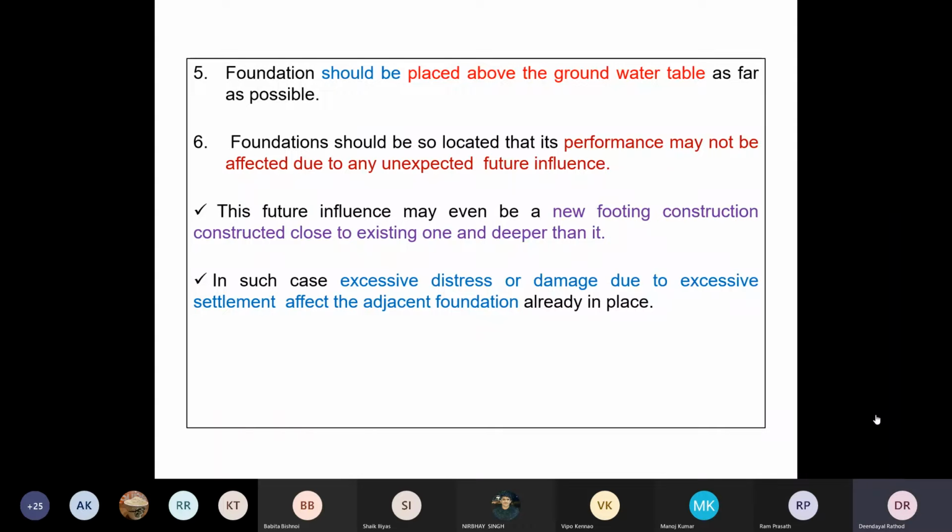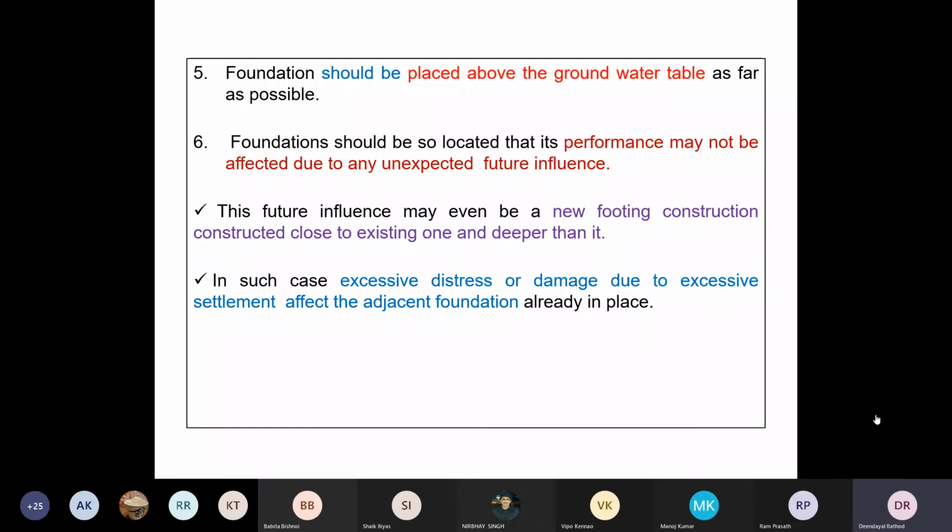So foundation should be located such that its performance may not be affected by unexpected future influence. In the sense, the future influence may be even a new footing constructed close to the existing one. So if new construction starts, you could see so many cracks in the existing building.